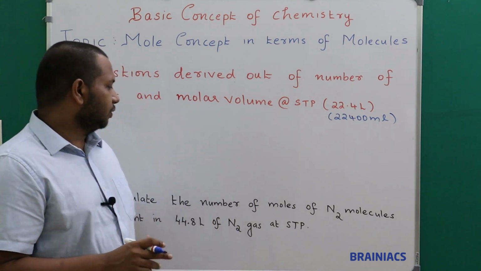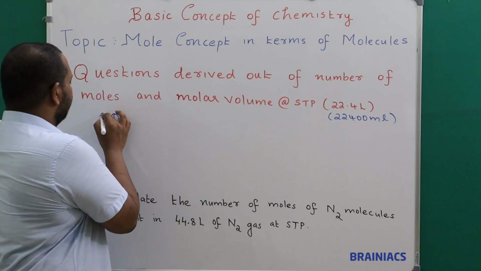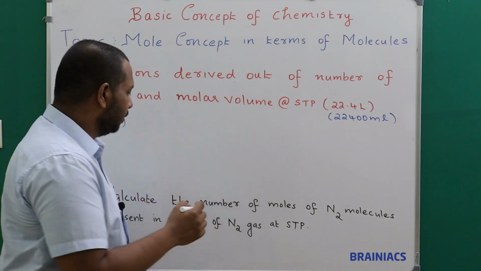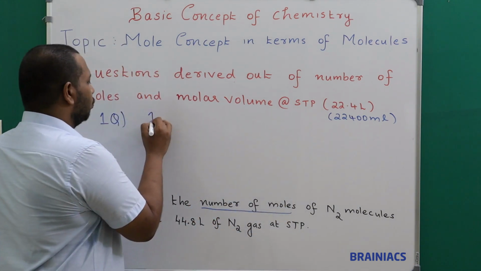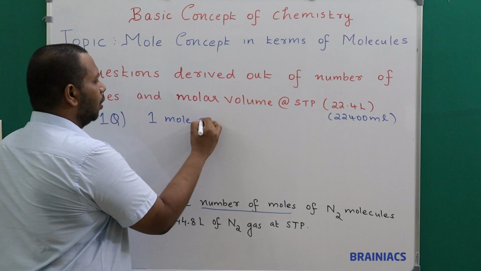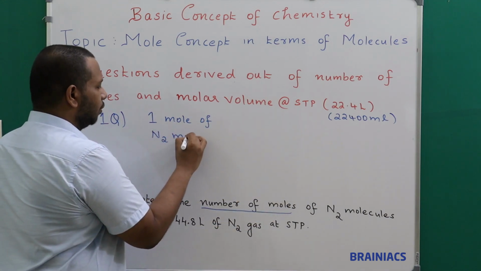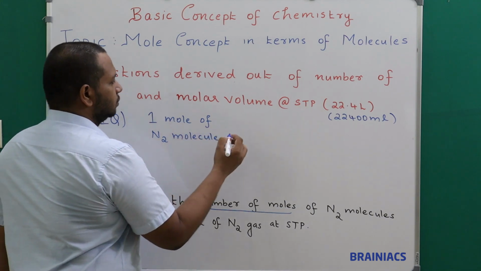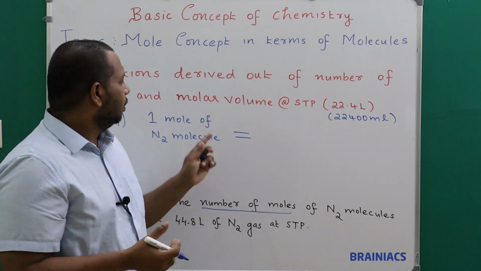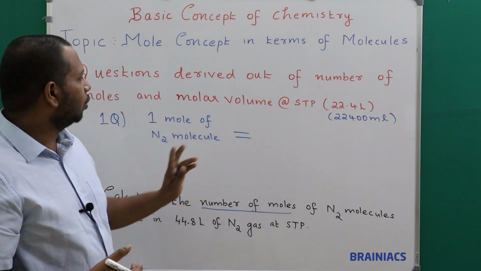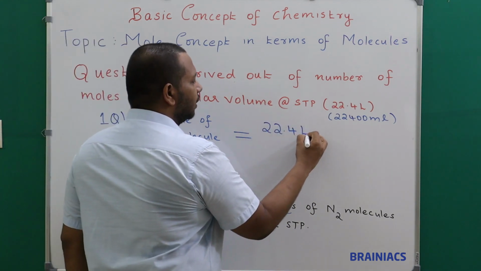Okay, so we will try to see the relation. So what is the relation? Between whom and whom do we need to find the relationship, the number of moles. I know that 1 mole of any molecule, so here it is nitrogen, 1 mole of nitrogen molecule will occupy, since it is volume, we use the term occupy, always 22.4 liter.